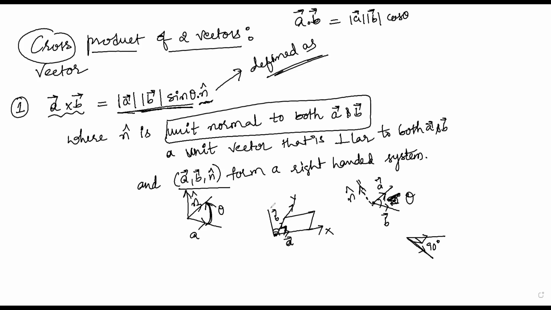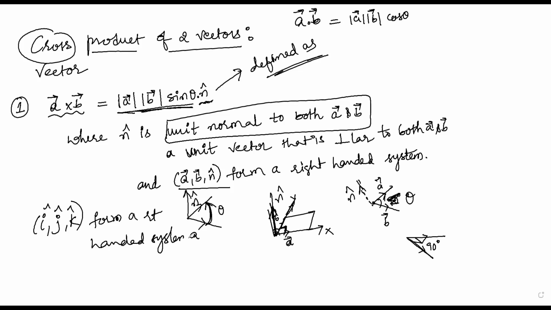Then this becomes the z-axis, which is n cap. x, y, z, that means what? You know, i, j, k. These are the unit vectors along the x, y, z axes, and they form a right-handed system.